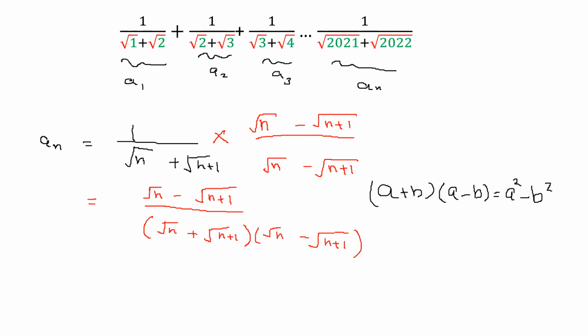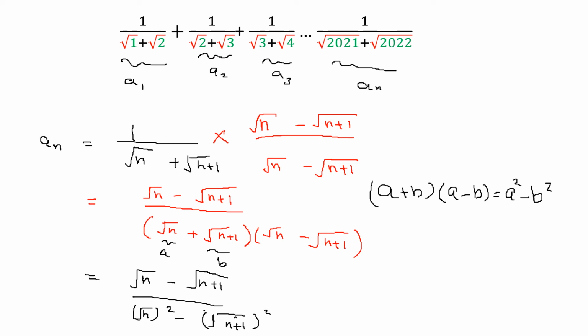So if we put a equal to square root of n and b equal to square root of n plus 1, then the denominator will be n minus (n plus 1), which gives minus 1 in the denominator.